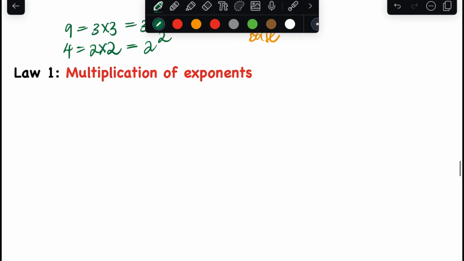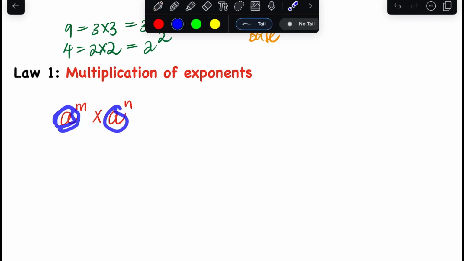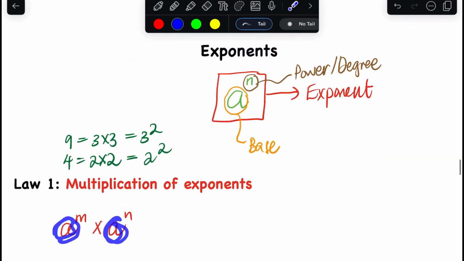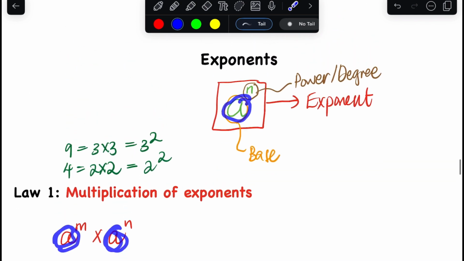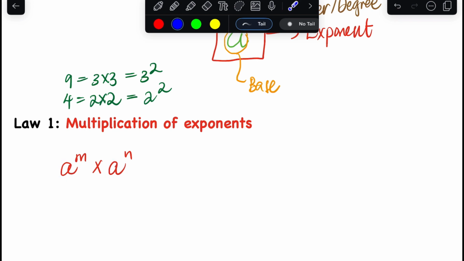Now let's look at the law one, the multiplication of exponents. Let's say we have a to the power m multiplied by a to the power n. What's going to happen now? If the bases are the same, which is a, remember we said that this number is the base, we're going to take one a.